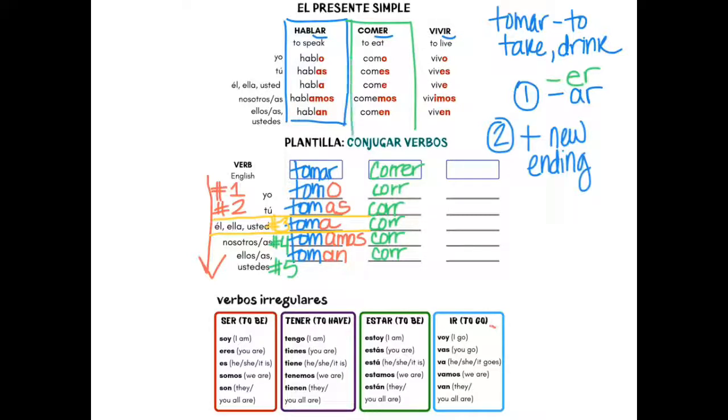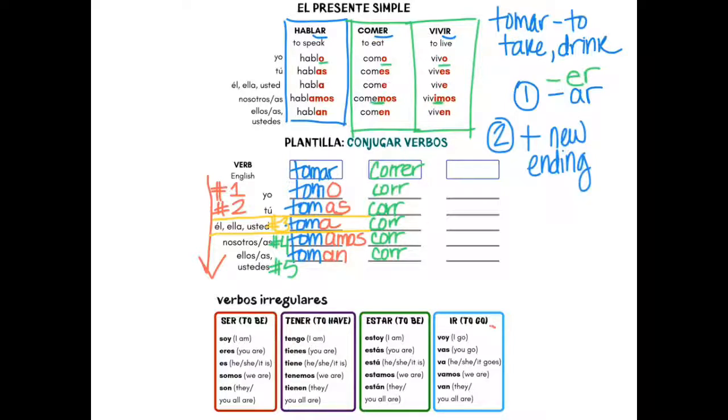And now I'm going to add my new endings. There is a pattern, as you can see. The O is consistent across the 3 forms. And then, if you look here, the only difference between the ER and the IR is in the we form. The rest of them are the same.